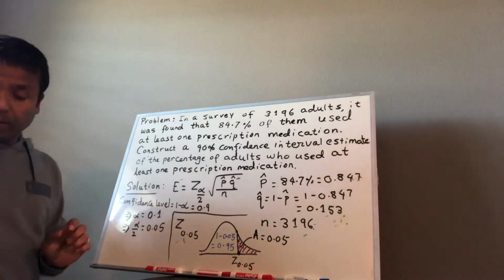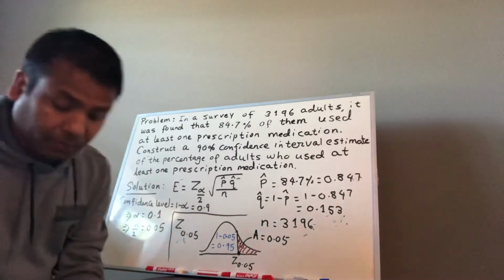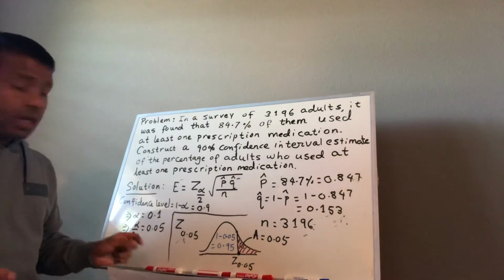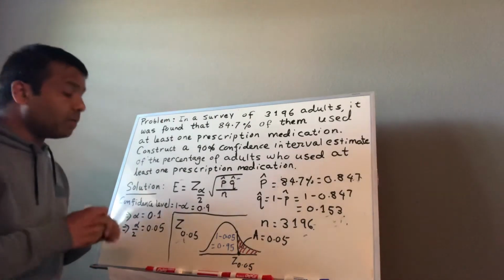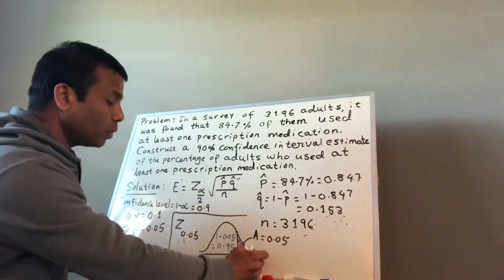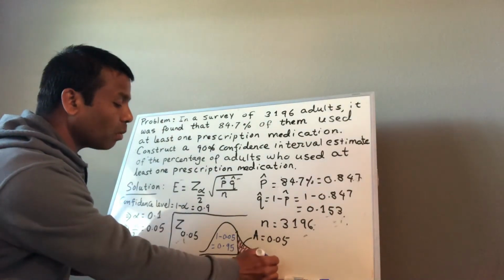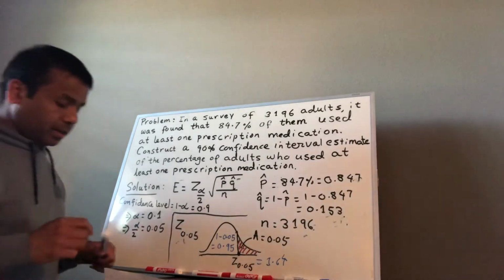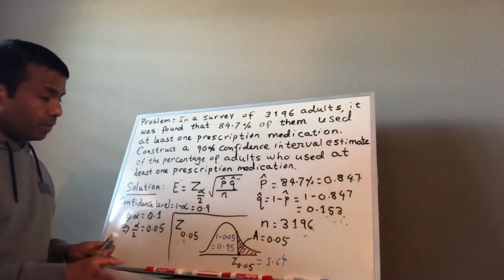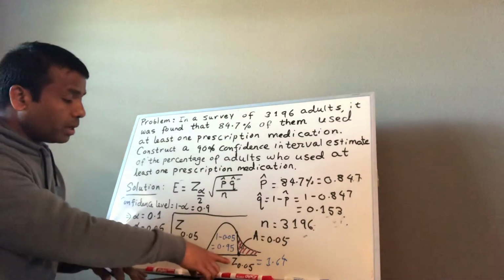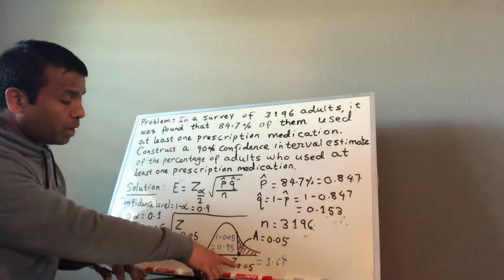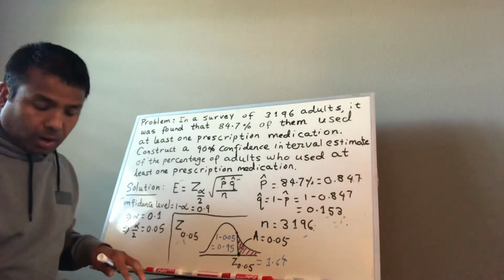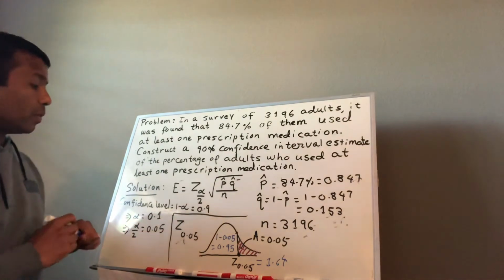If you use the calculator, we will get this Z value equals 1.64. Right, so by using the calculator, we got Z.05 equals 1.64.